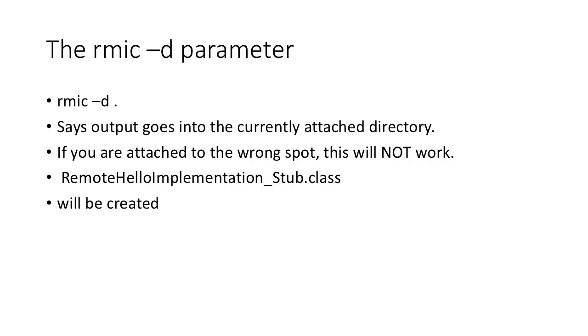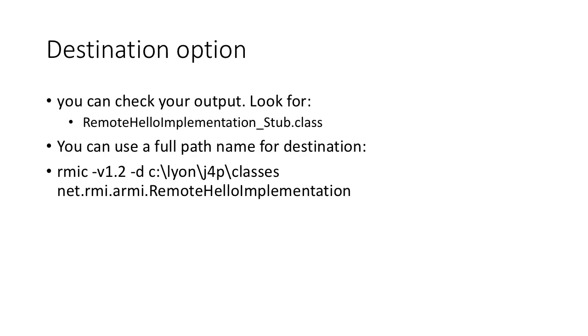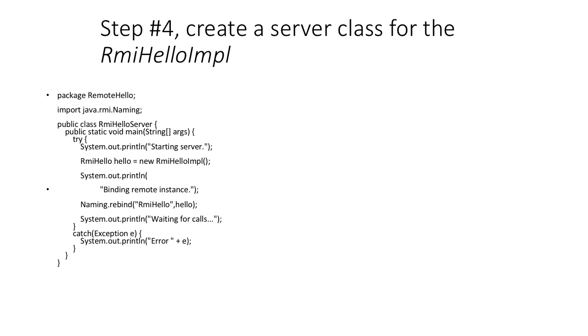Typically, you will determine where the output directory will be, or if you configure your IDE, it'll output it in the proper place. And so I can change the destination option using the RMIC command line however I like. Here's the -d being used to put it out into the Lyon J for P classes directory. Wherever it can be found by the runtime is where you want to put it. It's got to be in the class path, essentially.